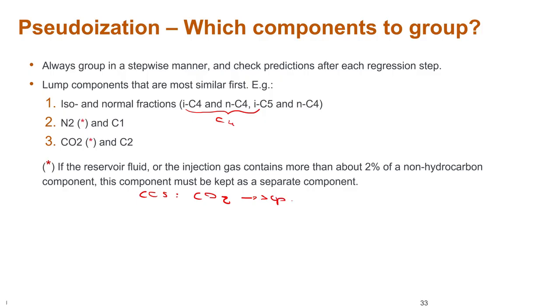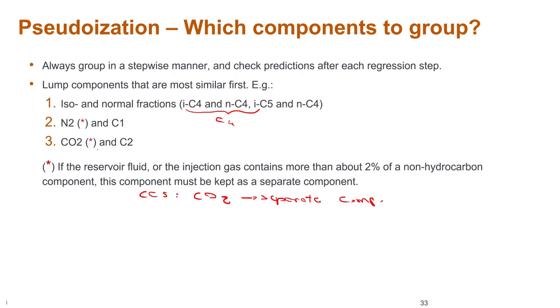Don't lump CO2 with other components. This clue is only for the case that you have a small amount of CO2 in your in situ fluid, and you are not planning to inject more CO2. So you don't expect a huge variation in the amount of CO2 over the course of your numerical simulation.